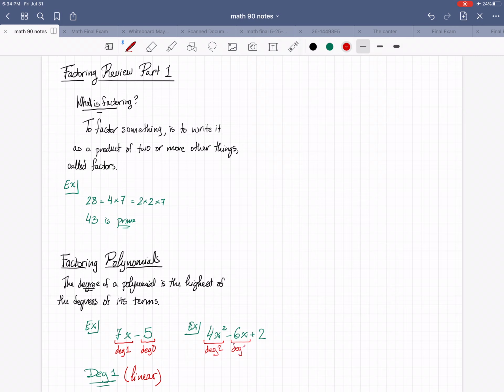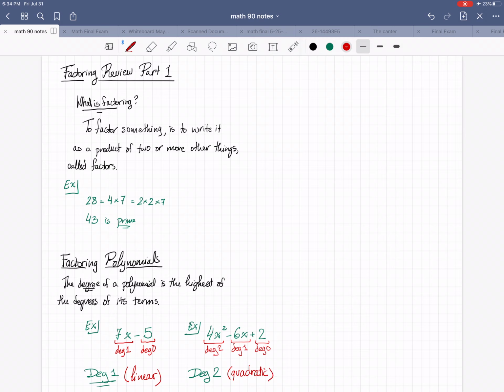The power of x here is 1. The power of x here is 0. And so if the degree of the whole polynomial is the highest of those numbers, this is a degree 2 polynomial. And degree 2 polynomials are also known as quadratics.